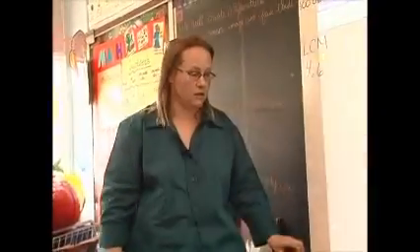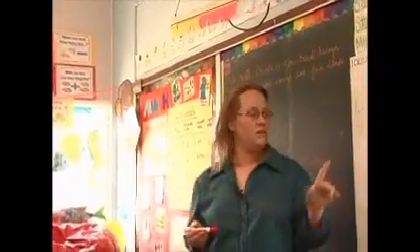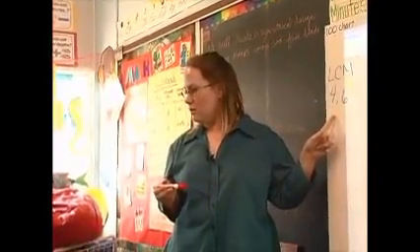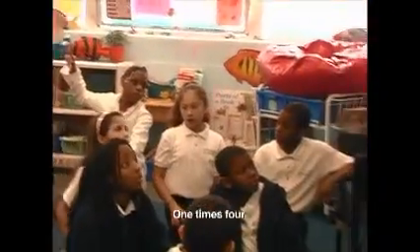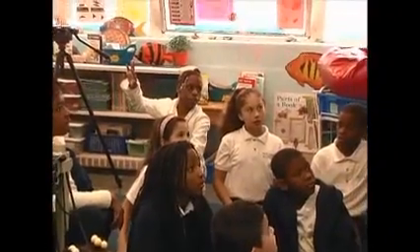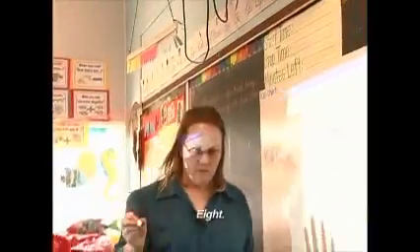The first thing we do is start shading in or circling or starring the multiples of 4. Who can tell me the first multiple of 4? Anna? It's not 1 times 4, it's 4. Okay. Next, Kenneth? 8.